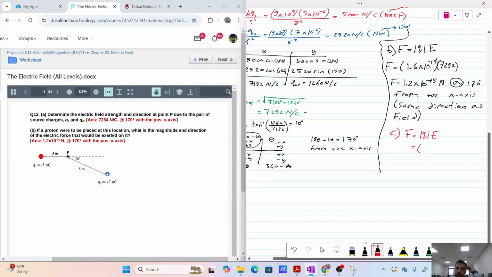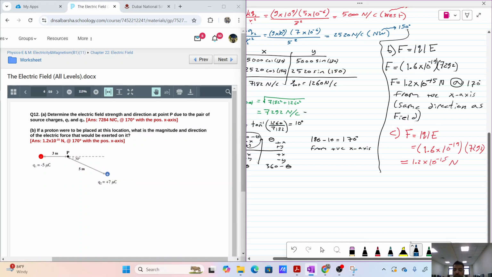Since we have absolute value, we write it as 1.6 times 10 power minus 19. Then we multiply it by the electric field, 7,292, and it's equal to the same value, 1.2 times 10 power minus 15 newtons. Now we need to find the angle.